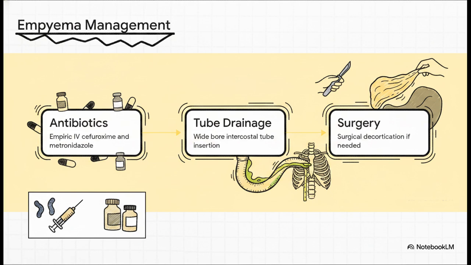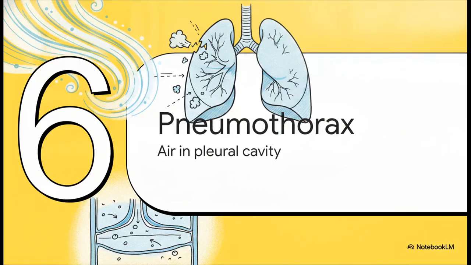You need a wide tube because, frankly, that thick pus won't drain through a standard catheter. And step 3, if the pus organizes into a fibrous rind, the patient will actually require surgical decortication to physically peel it away. Oh, and if it happens to be a tuberculous empyema, you immediately start anti-tuberculous therapy right alongside aspiration and drainage.